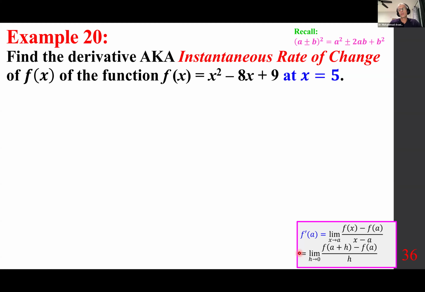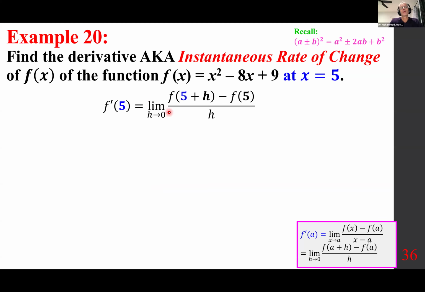So we want f prime of 5, the limit as h approaches 0 of f of 5 plus h minus f of 5 over h. Now, you can work on this fraction, simplify, and then apply the limit. Or you can just keep up with the limit. At the end, when you want to apply it, it's important to have this limit.